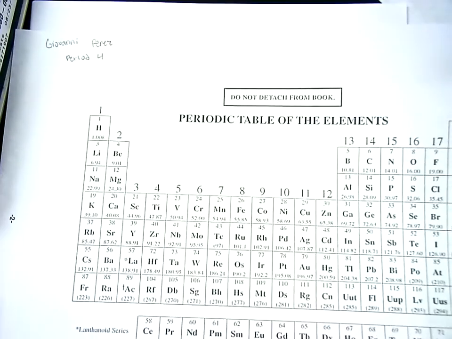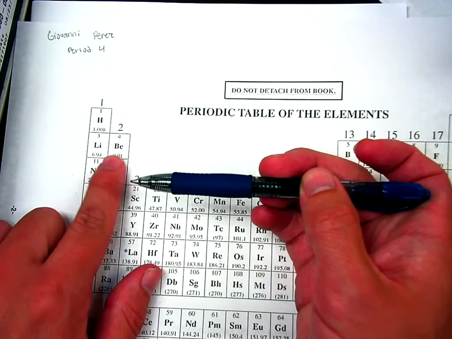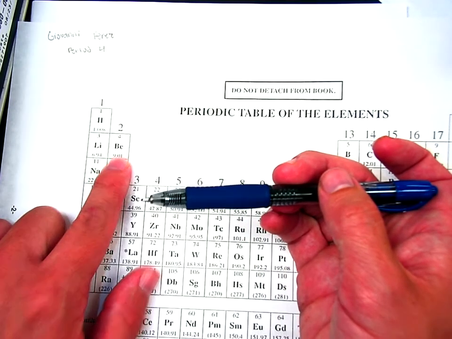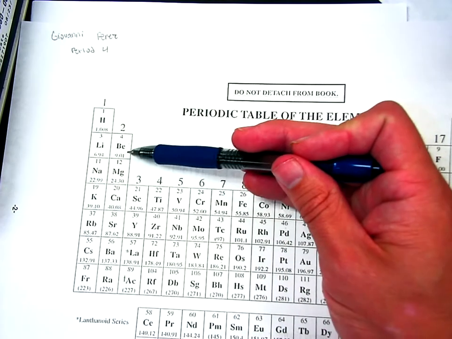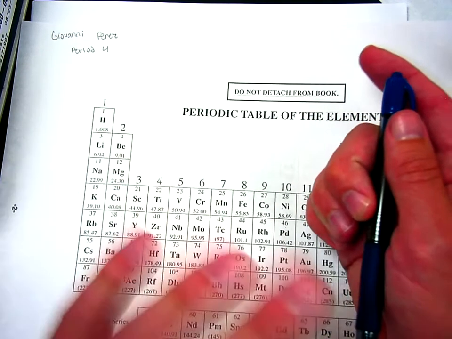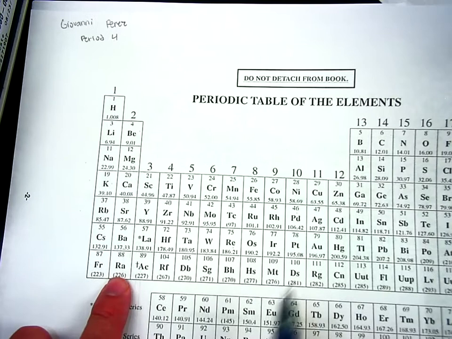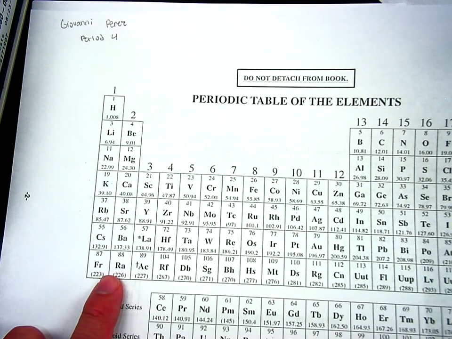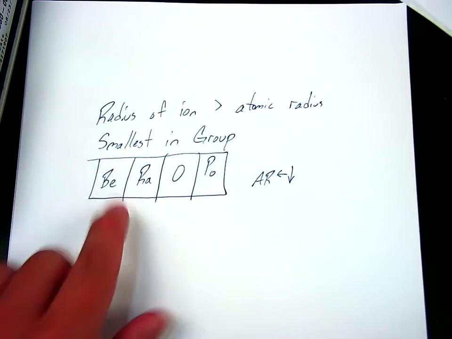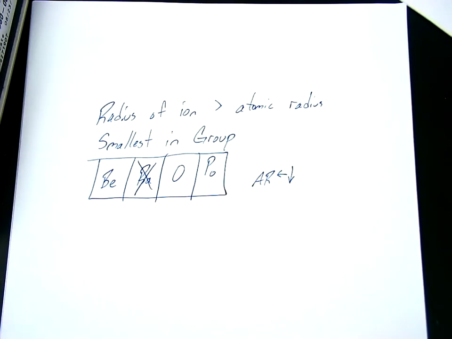One of our choices is beryllium. Hey, look, beryllium is actually a good choice. He's at the very top of his group, therefore he is the smallest of his group, so we can't get rid of beryllium. Our next choice is radium. Radium is a terrible option. He is the largest in his group, not the smallest, so I know that radium is not the correct answer.